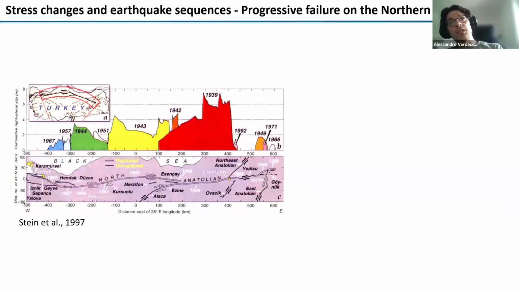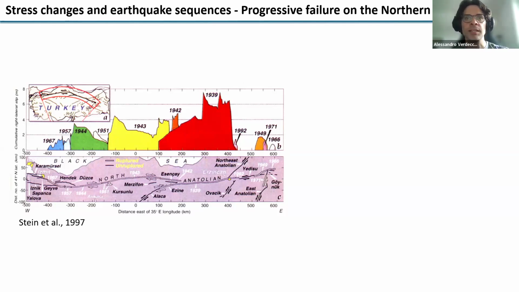But if we think about a sequence of events or a cascading sequence of events in, let's call it, a domino effect, the most famous and the most stunning example is what happened and what probably is still happening on the Northern Anatolian Fault. So this is a plate boundary fault, so we are talking here about very high slip rates, on the order of centimeters per year.